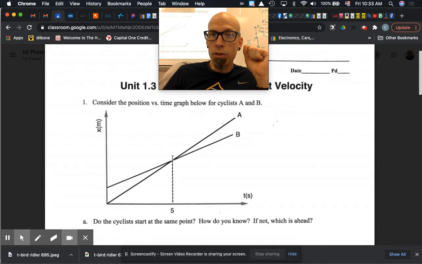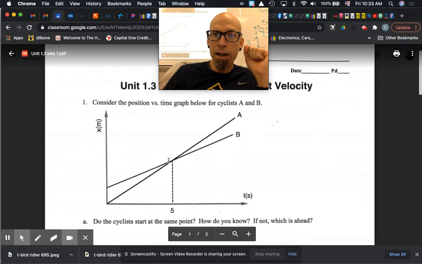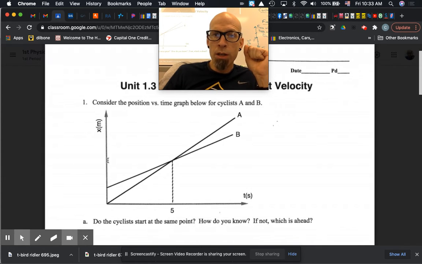If you put a dashed line over to the position axis, how many positions do they have at that one point in time? They have one value for position, which means they're both at the same position, the same place.